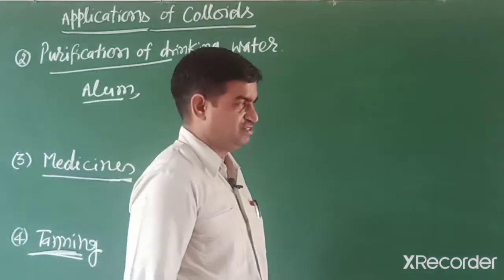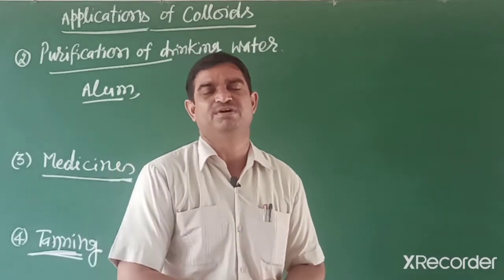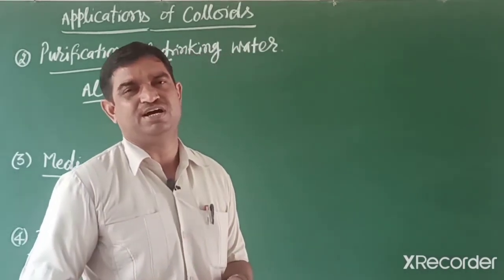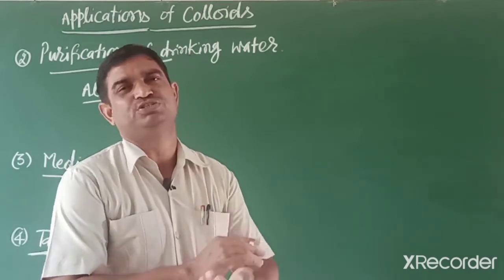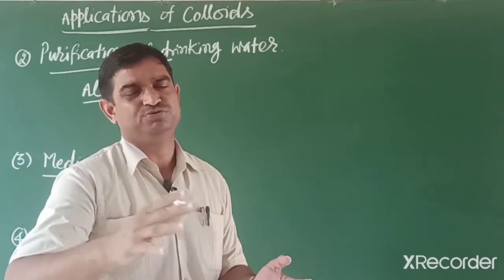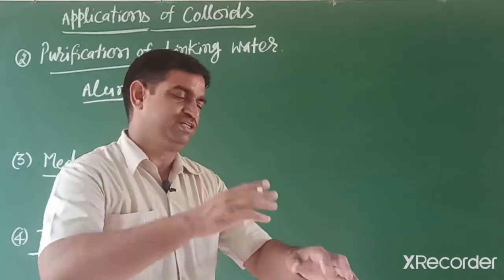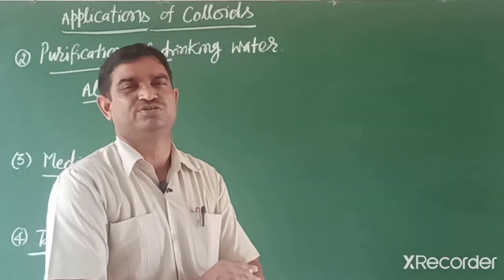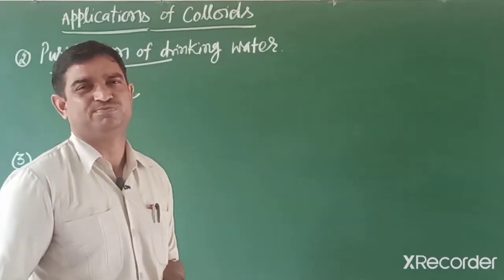You know, students, in the tanning industry, animal hide, the skin of any animal, has a charge, a colloidal sol. That colloid is a positive sol, and we use a chemical, that is tanning. Tanning is negative. If we apply an oppositely charged one, then coagulation occurs. So due to tanning, the hardening of leather is formed.